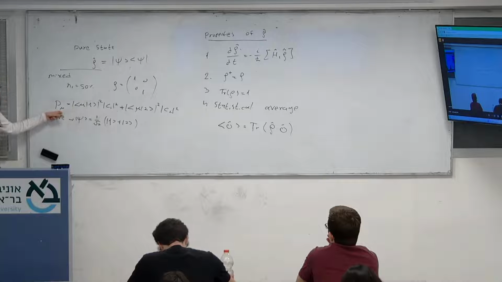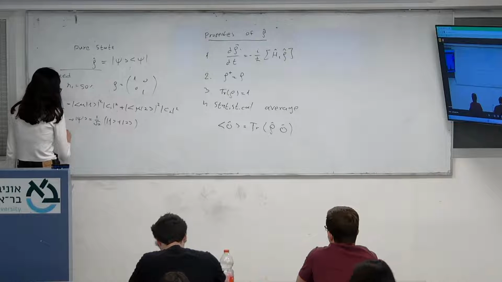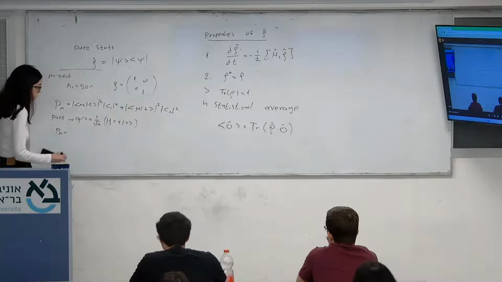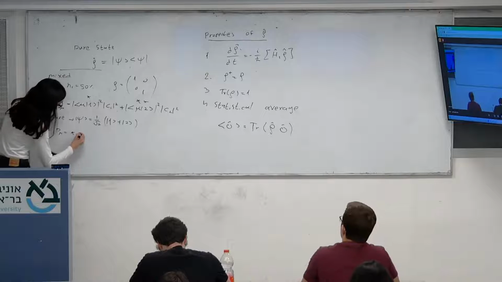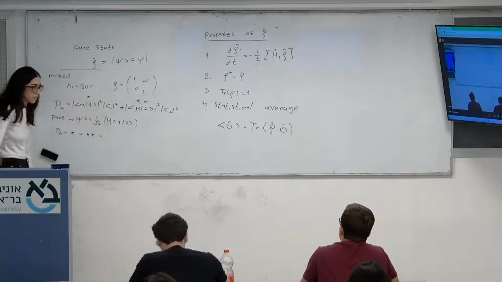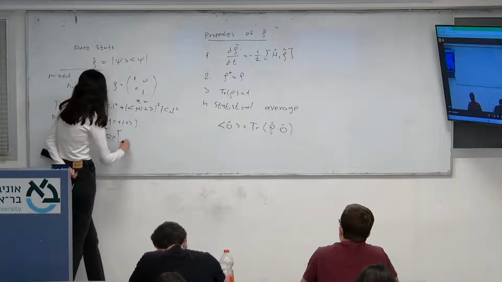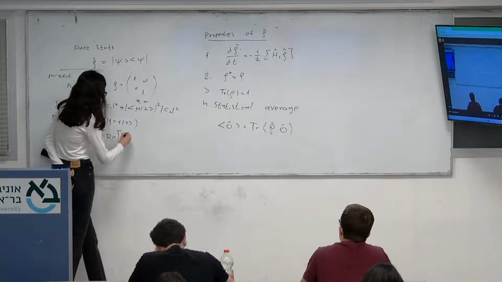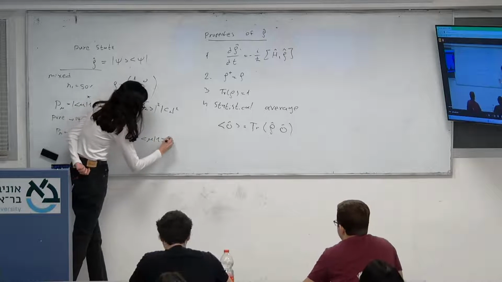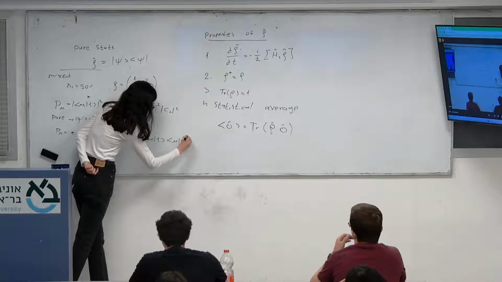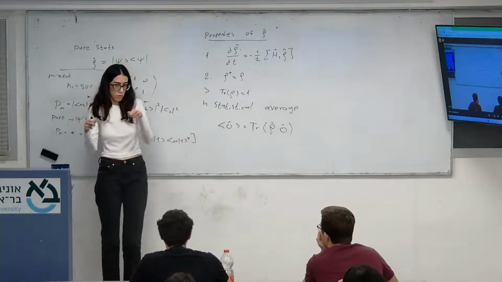But now if I look at the probability to measure some generalized state mu, I'm going to have those two terms, 1 star and 2 star, plus some additional term, something like C1 C2. So I'm going to have an additional term that mixes state 1 and state 2.